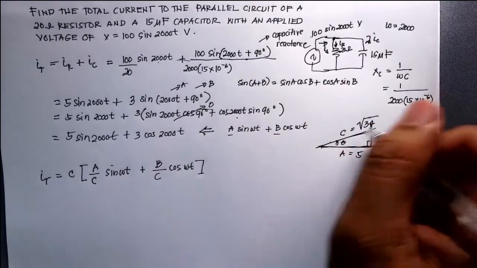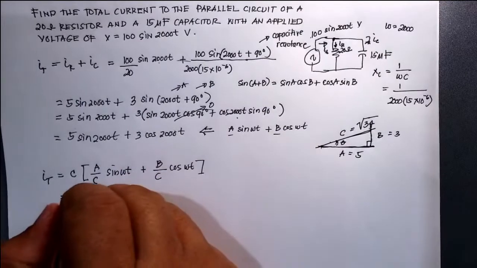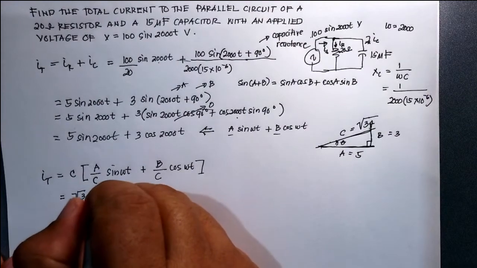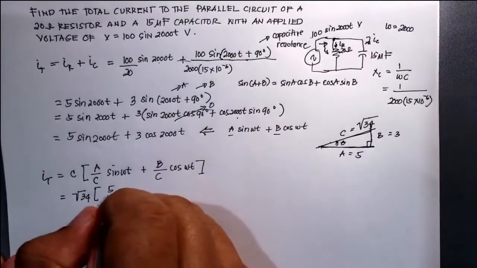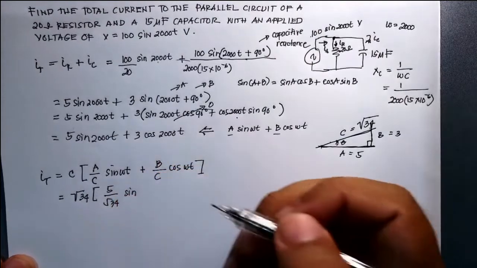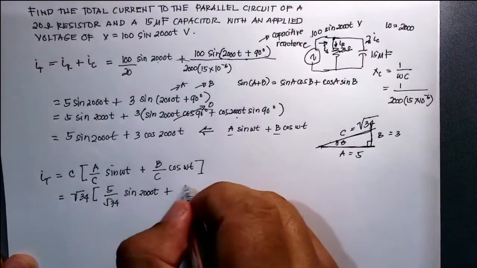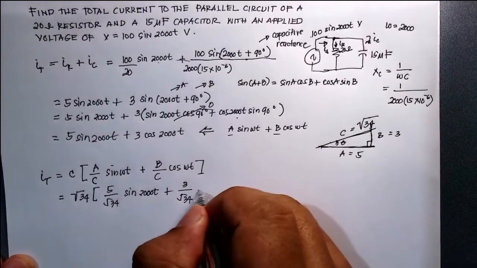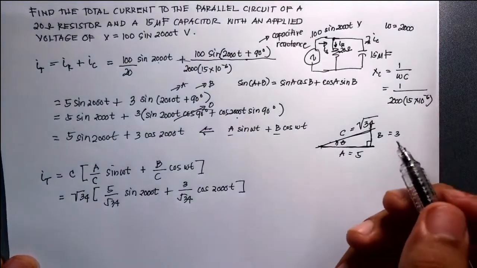So this is the form that we are considering. Therefore, if we substitute these values, we have square root of 34 for our C, and for A we have 5 over the hypotenuse square root of 34 sine omega t, or 2000t, plus again B is 3, and C is square root of 34, cosine 2000t.